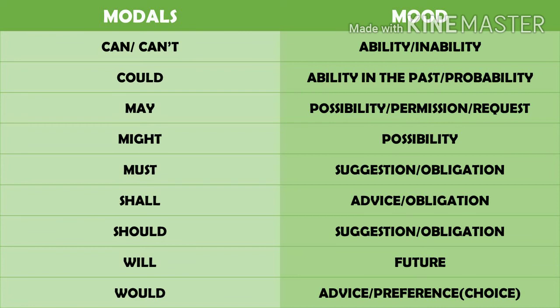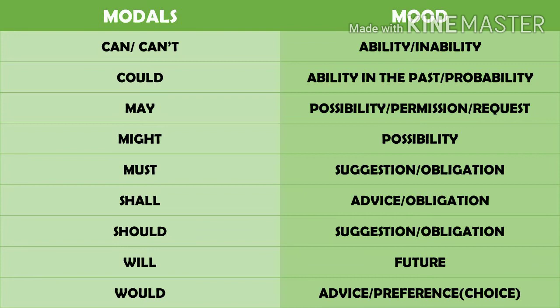Might is also a possibility. Must means you are suggesting something or you are obligated to do it. Shall, you are giving an advice or an obligation. Should, you are giving a suggestion or an obligation. Will talks about future. Would, advice or preference of choice.